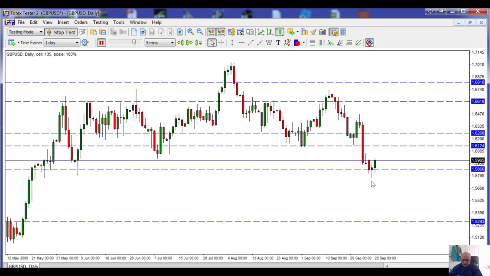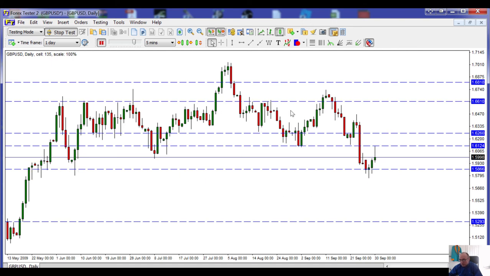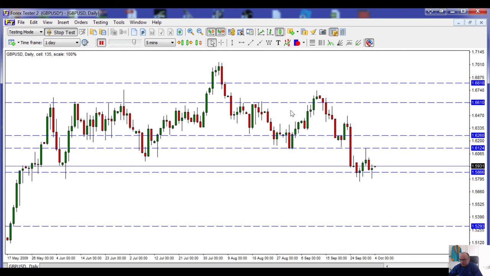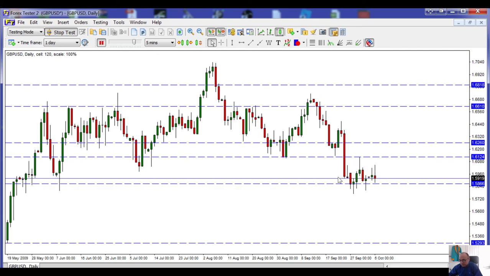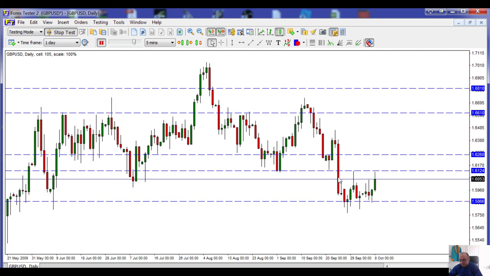Bit of a pin bar here, but it's quite a small one, so I think we'll leave that one. But this one has got the same premise, just not quite as obvious to me, so I'm going to be leaving that one for now. Another pin bar that breaks the support and closes higher. Almost feels it wants to push higher. We've got to wait for our strategy.